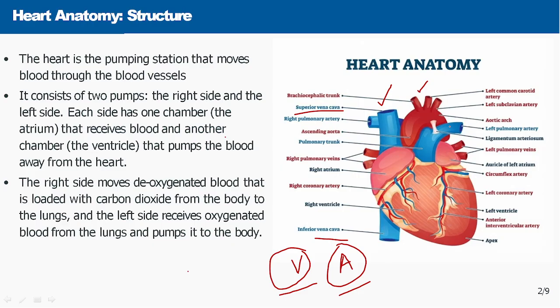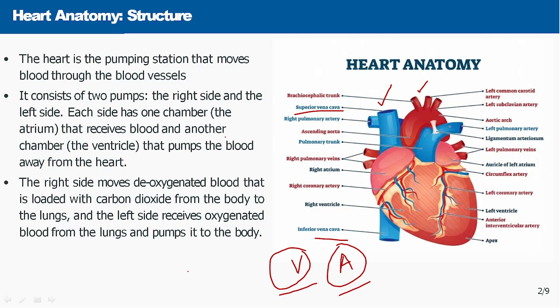This is the only artery which contains deoxygenated blood. According to nomenclature, those blood vessels which carry blood away from the heart are known as arteries, and in this case the deoxygenated blood from the right ventricle is pumped to the lungs, because the pulmonary arteries carry deoxygenated blood. They are the only arteries which carry deoxygenated blood to the lungs.